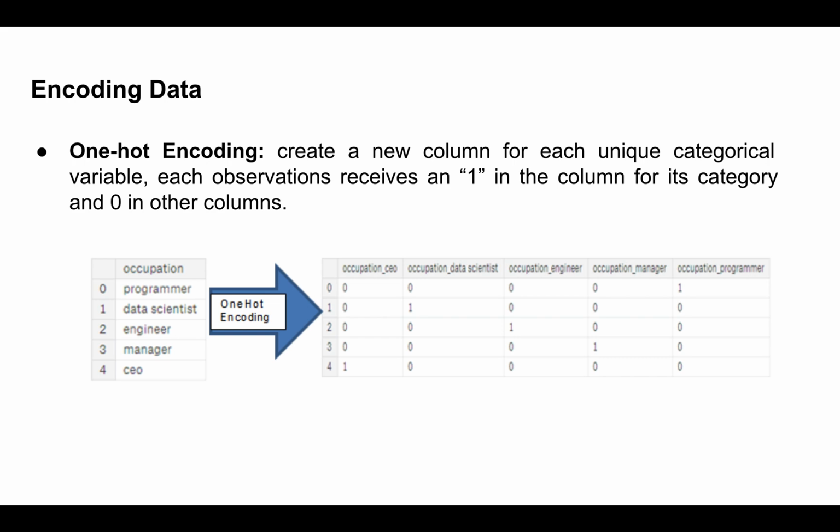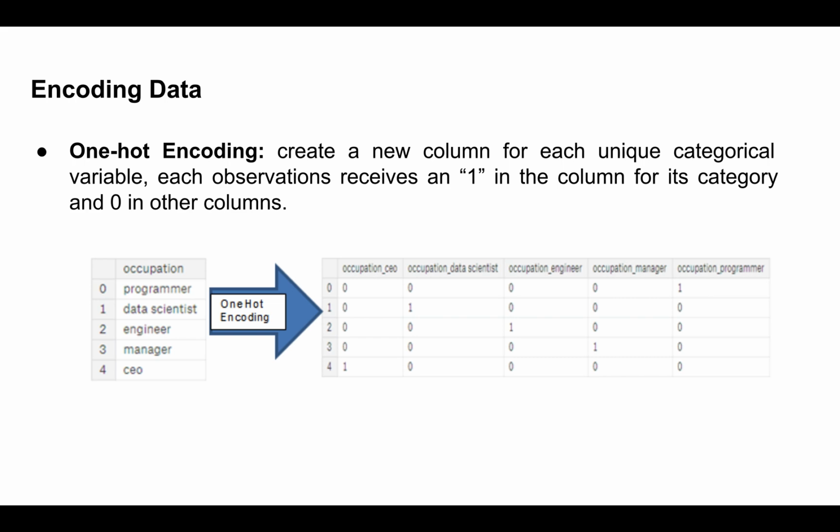In one-hot encoding, we create a new column for each unique categorical variable. Each observation receives a 1 in the column for its category and 0 in the other columns. This solves the problems above, but creating a column for each categorical value causes a great expansion of the feature table.